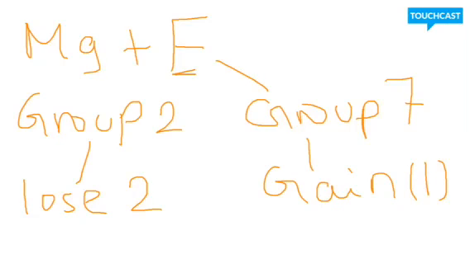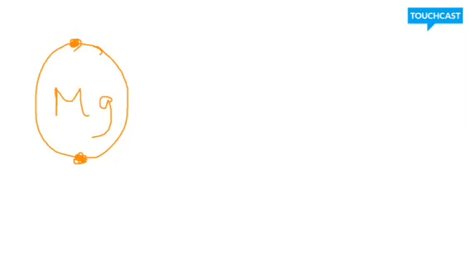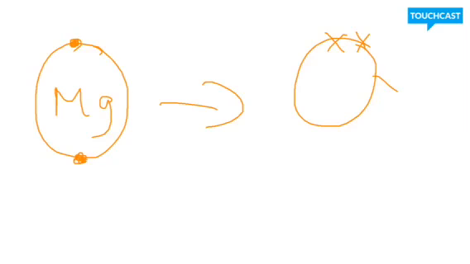So what happens next is that if I draw magnesium here, I have 2 electrons which need to be lost from magnesium, and here I have fluorine. I'm sorry for the quality of the drawing.